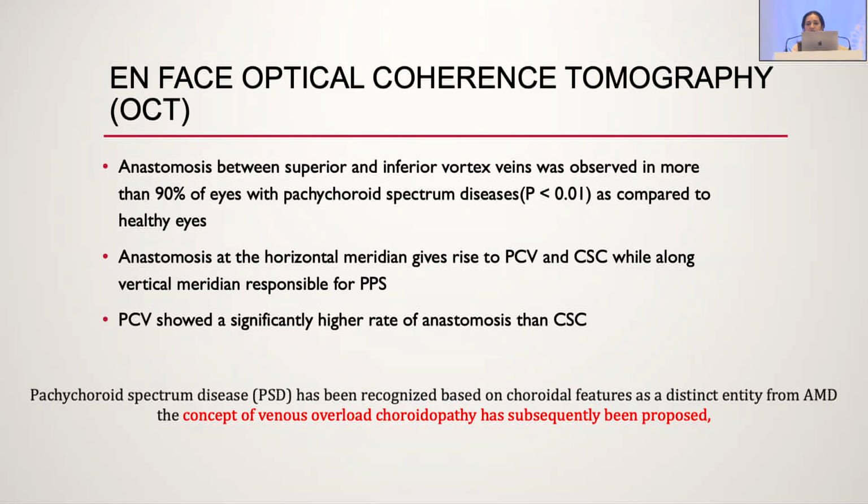Anastomosis between the superior and inferior vortex veins is known to be present in 90% of pachychoroid disease spectrum cases, and if the horizontal meridian is involved in the anastomosis, this gives rise to PCV and CSC, while if it is the vertical meridian, it gives rise to peripapillary pachychoroid spectrum.